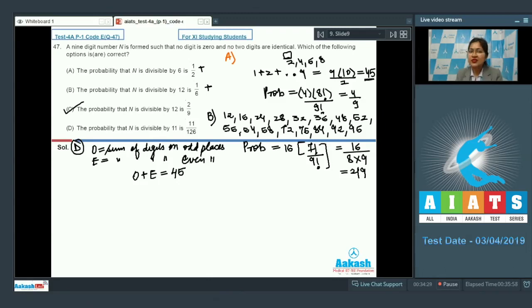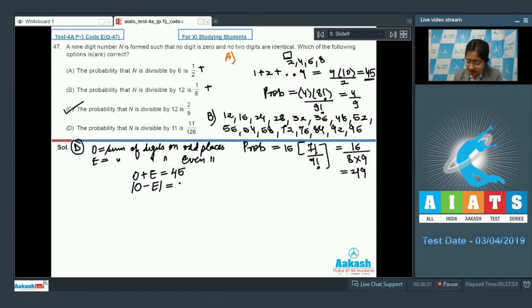The sum of all the digits is 45. Also, the modulus of O minus E should be a multiple of 11, because we know that a number will be divisible by 11 if the sum of the digits at odd places minus the sum of digits at even places is a multiple of 11. Then the number is divisible by 11, right? So |O minus E| will be equal to a multiple of 11.